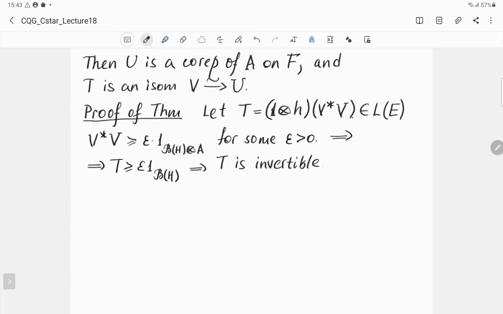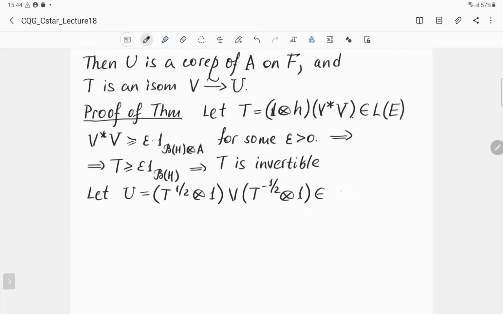Okay, so we now define a new co-representation. We let U denote the following element. We take the square root of T tensor 1, V, the inverse of the square root tensor 1.